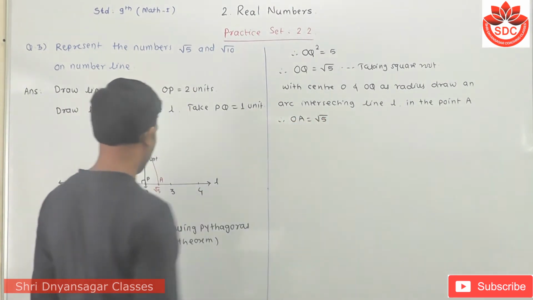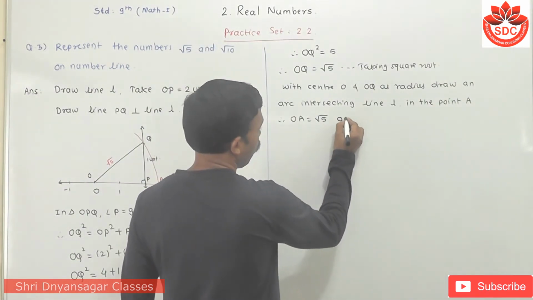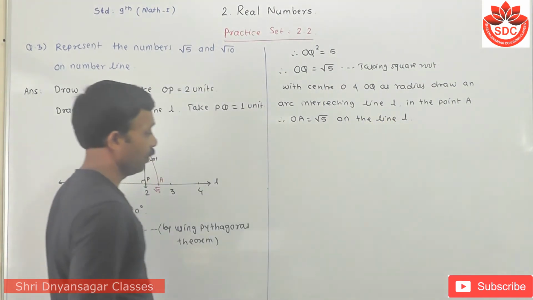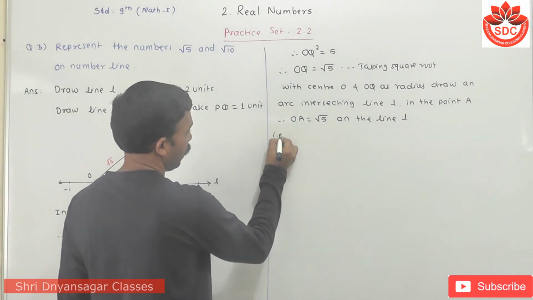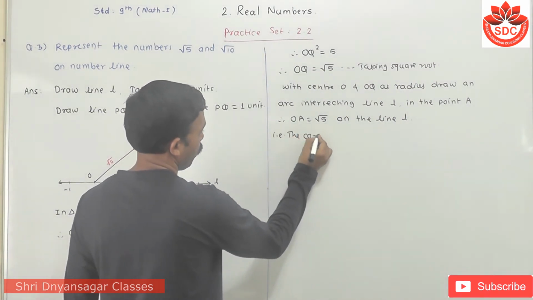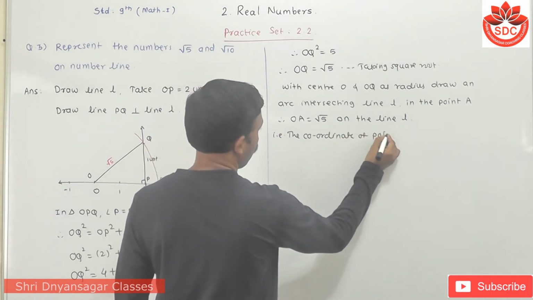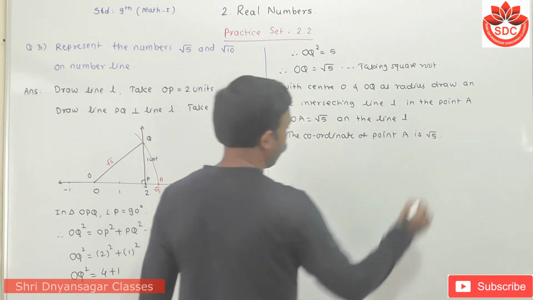Root of 5. OA is equal to root of 5 on the line L. That is, the coordinate of point A is root of 5.